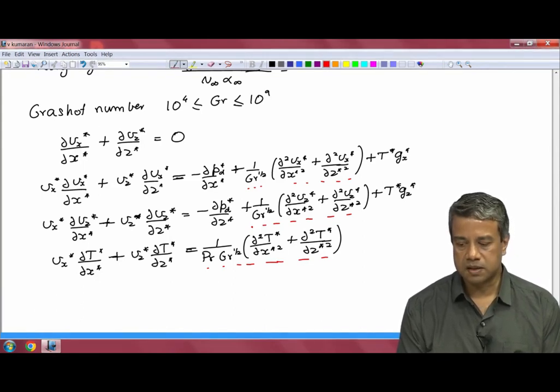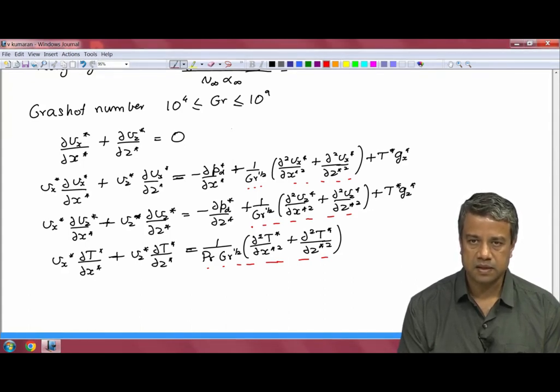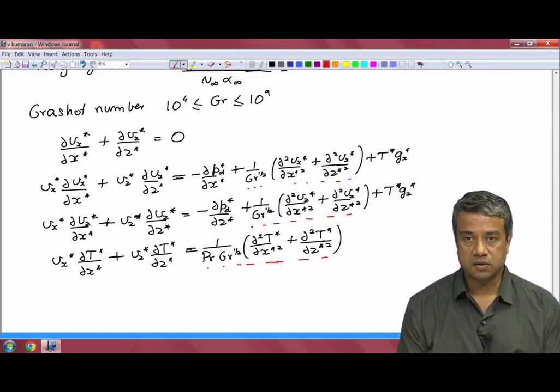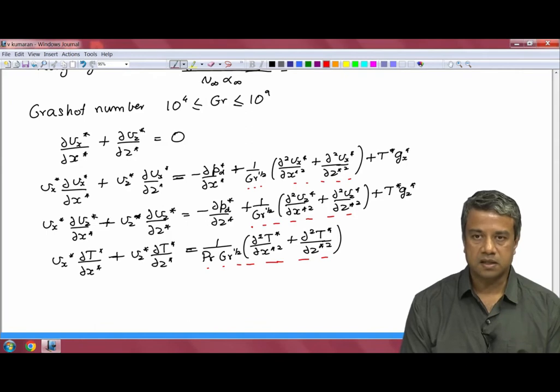The boundary conditions can be satisfied only if we postulate that there is a thin boundary layer close to the surface, whose thickness decreases to 0 as the Grashof number goes to infinity, in such a way that convection and diffusion are comparable in this region.